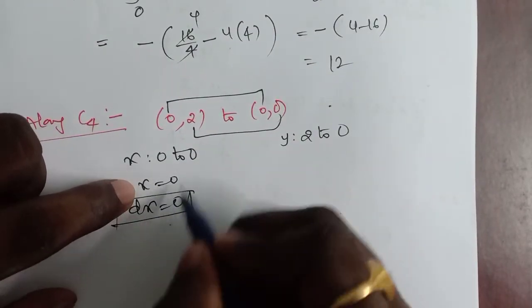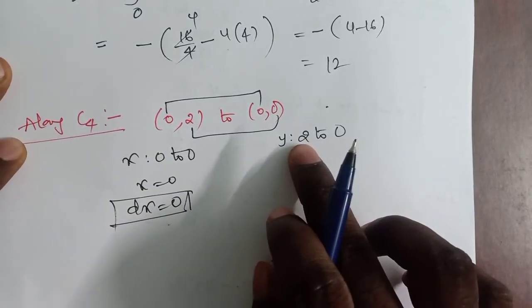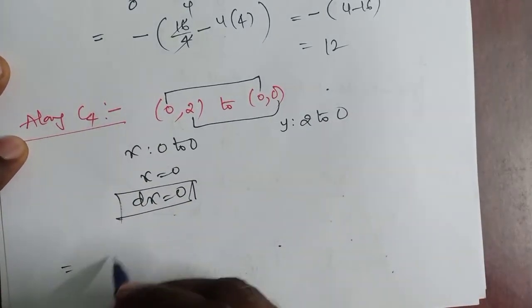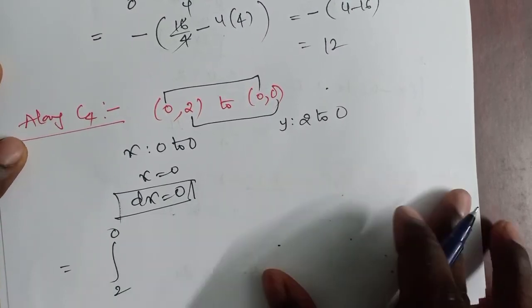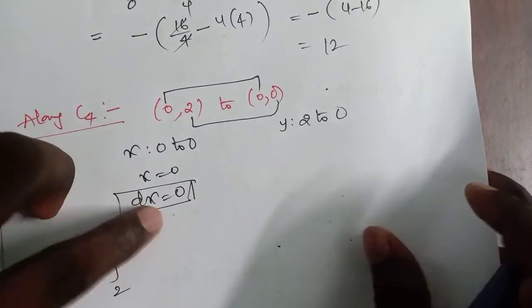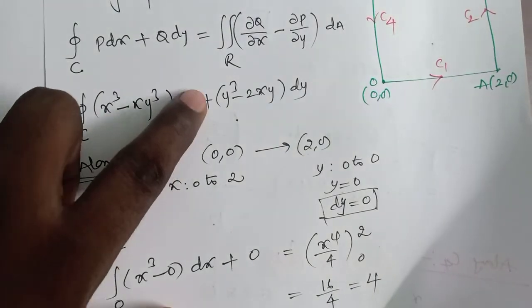Because the derivative of x is dx and it is 0. There is a change in y coordinates, which is 2 to 0. So clearly the line integral from 2 to 0, dx is 0 and x is 0, so the complete value is 0.